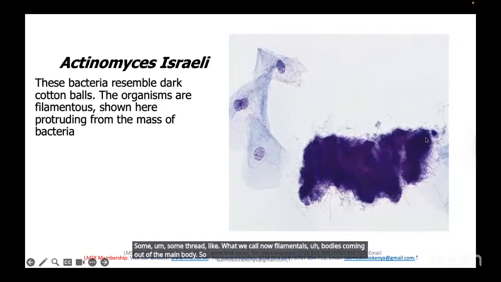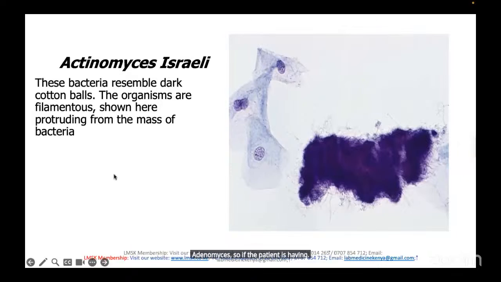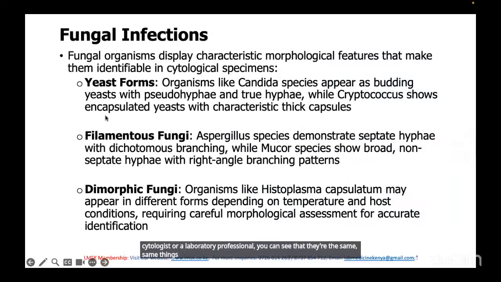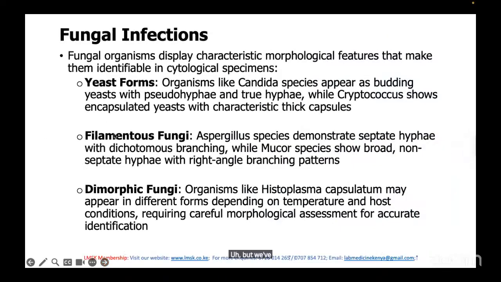So whenever this is seen in a pap smear, we usually report presence of Actinomyces. So the patient is having an infection with Actinomyces species. And this any other person can do, whether you are a specialized cytologist or a laboratory professional. You can see that they're the same things that we do, but maybe we've not been keen enough to be able to make such a diagnosis.